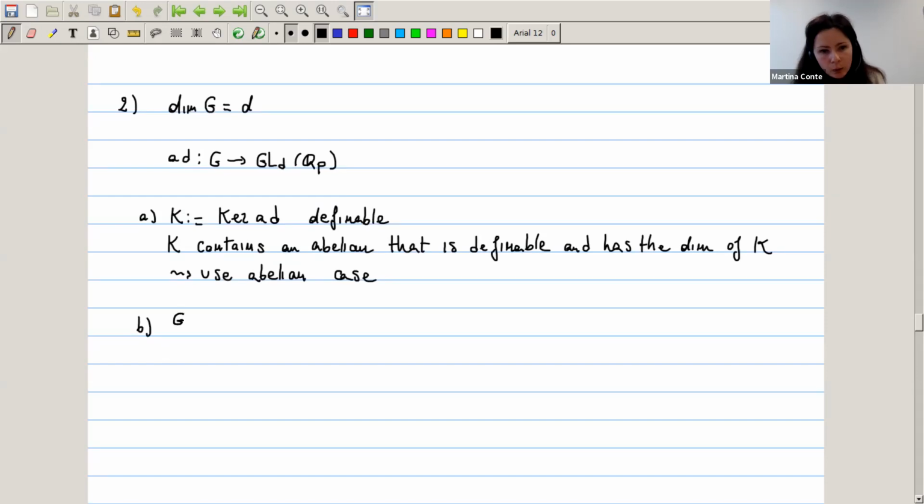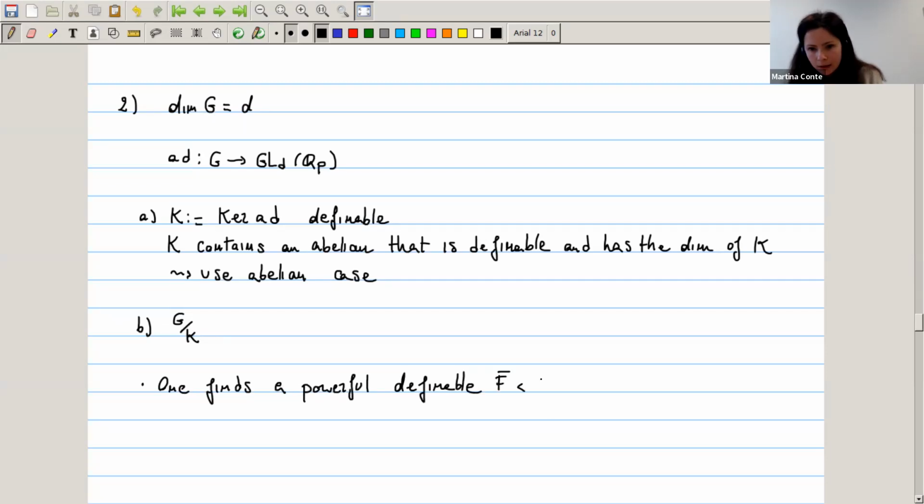We now look at the quotient of G over K. So the dimensions of these two bits added together will give us the dimension of G. So we now look at this quotient. And so we find, again, a powerful definable subgroup F bar, let's say, in G over K. This again will be an iterated Frattini subgroup.